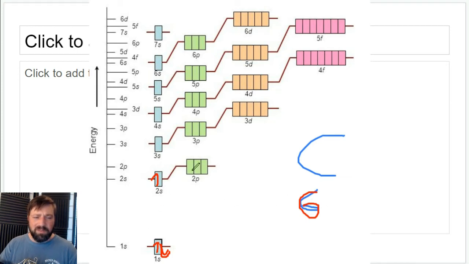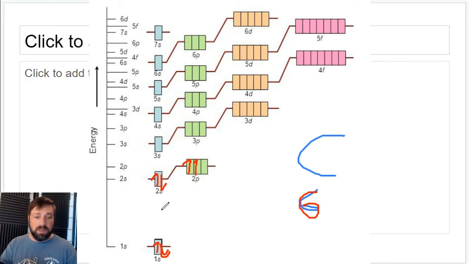It doesn't want to have to walk all the way down the hall to the 2p block. Then the fifth electron is going to come in and fill in one of the rooms in the 2p block. The sixth electron is going to come in and fill in another empty room in the p block.